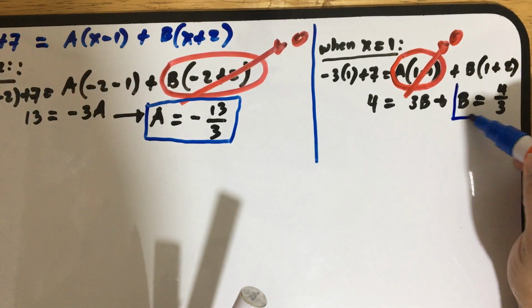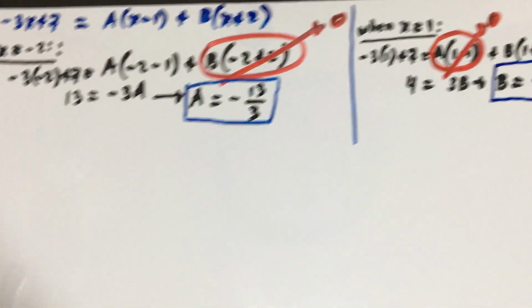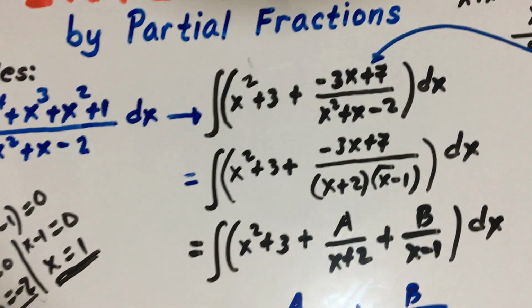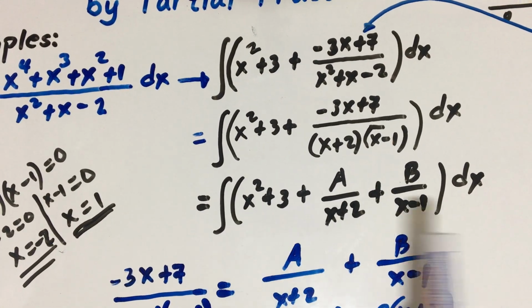These are the values for a and b. And then let's go back to the equation that contains our a and b. We have to go back to this equation, class. I will rewrite it.